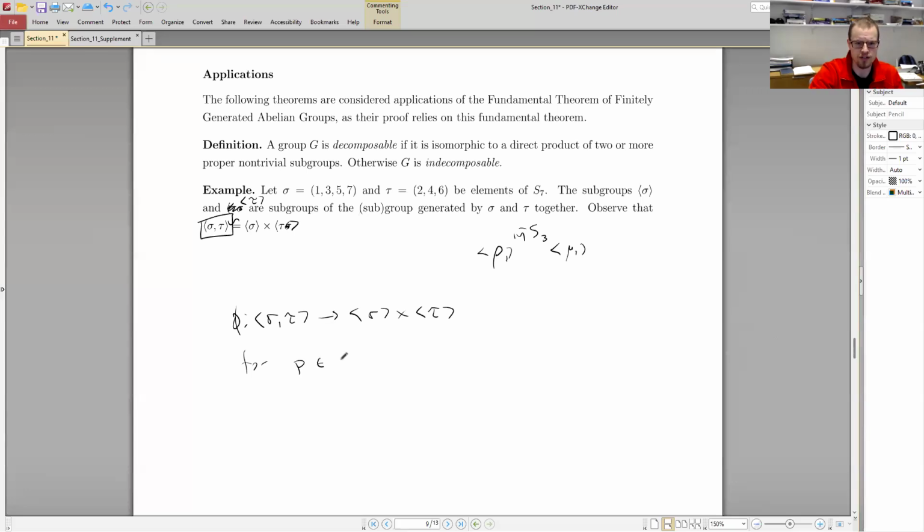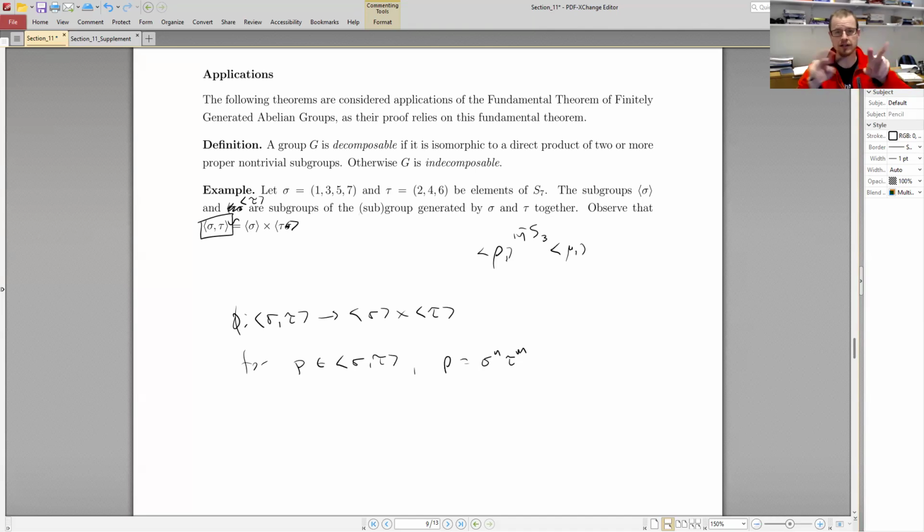for some permutation that belongs to what's generated by sigma and tau, that permutation P may be written as sigma to a power times tau to a power. The reason that we have that is because they commute.